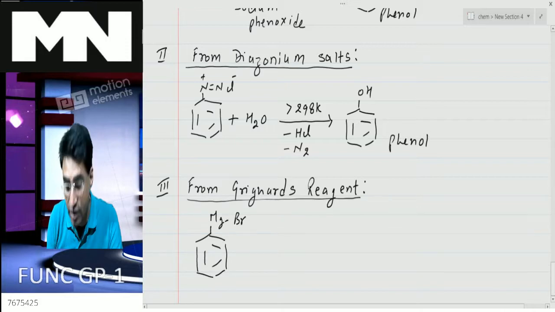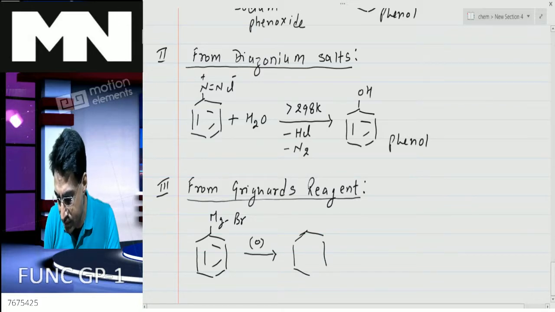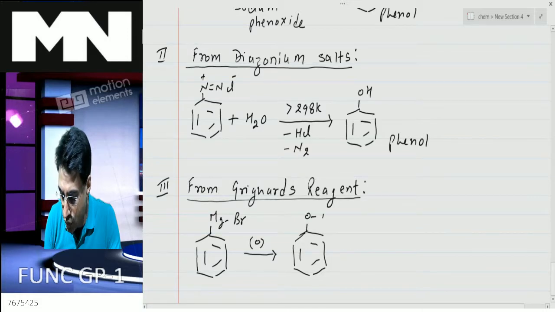Suppose this is the compound I've got. If I oxidize this compound by any oxidizing agent, I will get a phenoxy derivative of this. That is, I will get a compound OMgBr. This compound is phenoxy magnesium bromide.